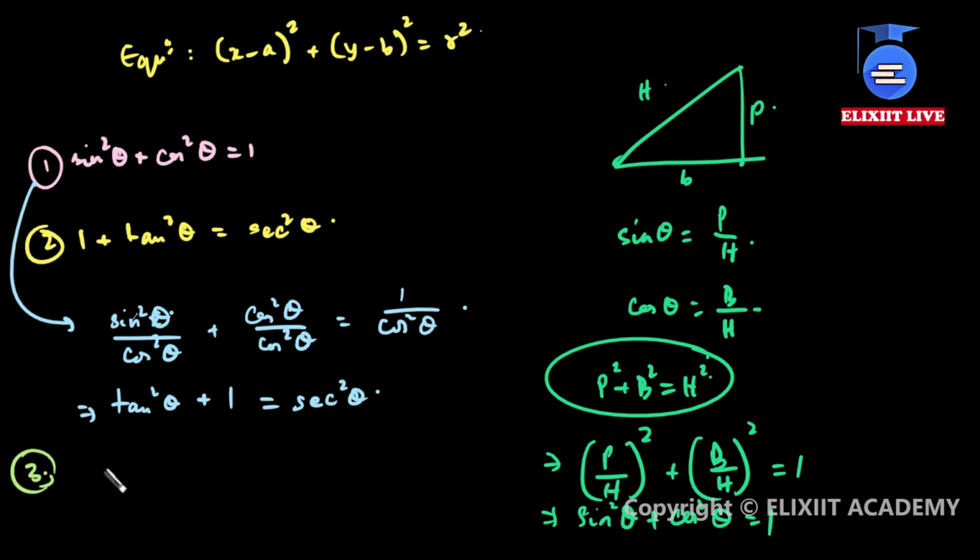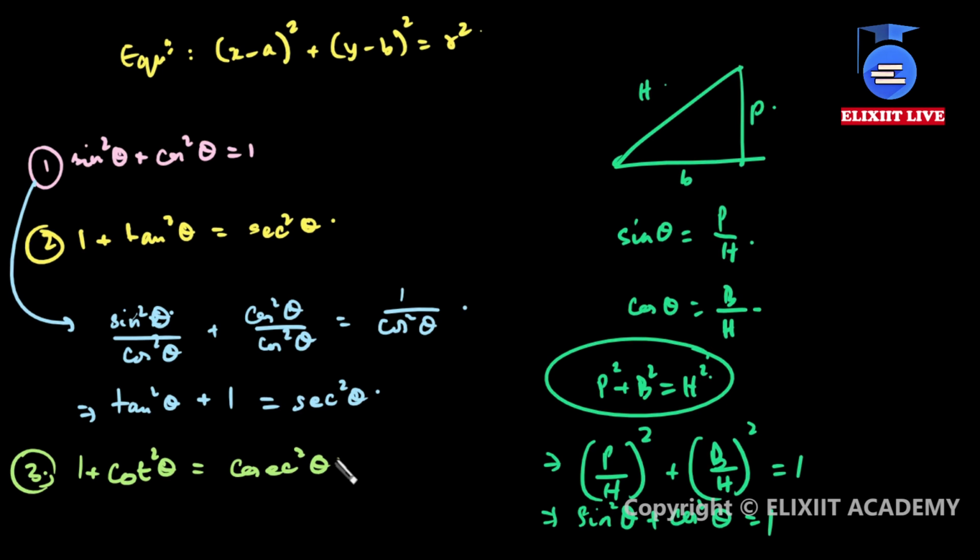And the third one, that is 1 plus cot square theta, is actually cosec square theta. Again, a similar way of proving this. What you will do is, in the first identity, you will divide both sides by sin square theta. Leaving the proof for you.